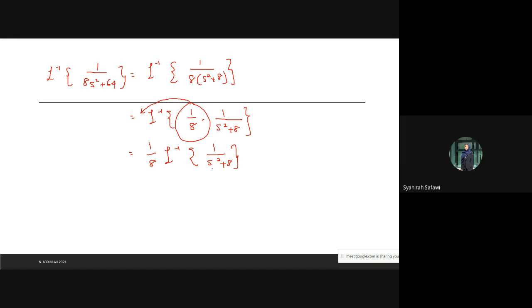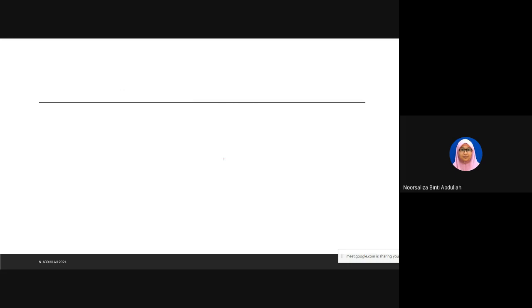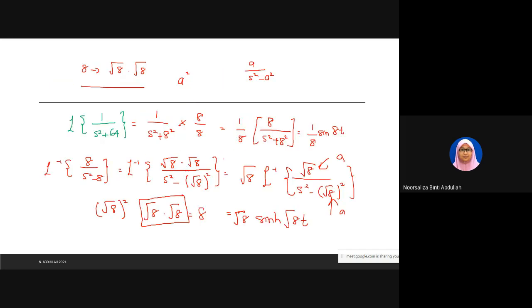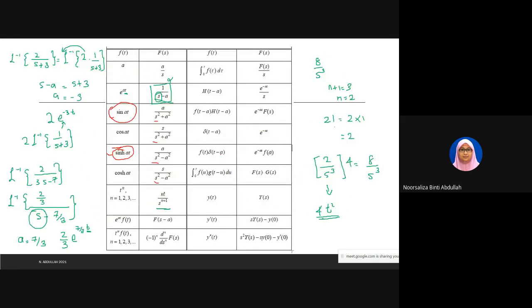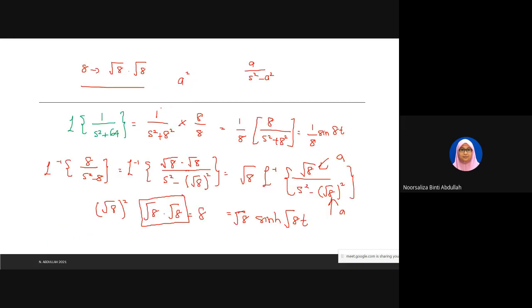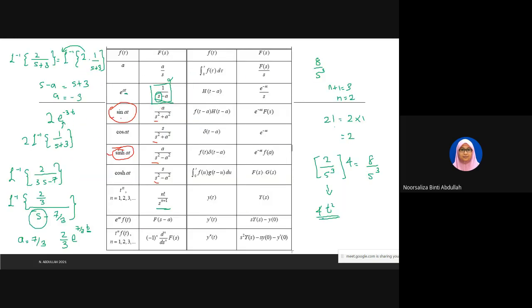Okay, so lepas tu, you tengok dekat sini S square plus 8. If we look at the table, it is S square plus A square. Tapi sebabkan dekat atas tu dia bukan S kan, dia A kan. Is 1 over kan. Then we use a sin AT, is A over S square plus A square.